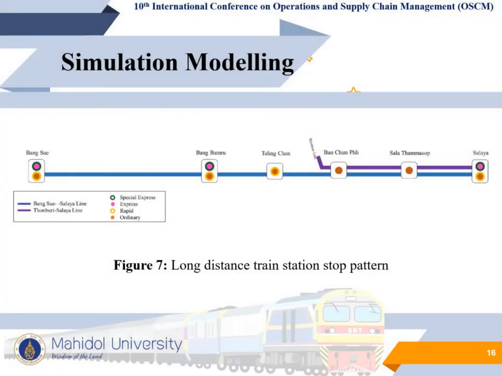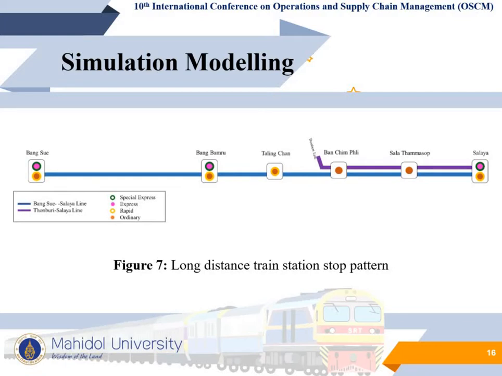Figure 7 shows the long-distance train station stop pattern. There are 4 types of long-distance trains: special express trains, express trains, rapid trains, and ordinary trains. For example, the blue color line is Bang Sue to Salaya.